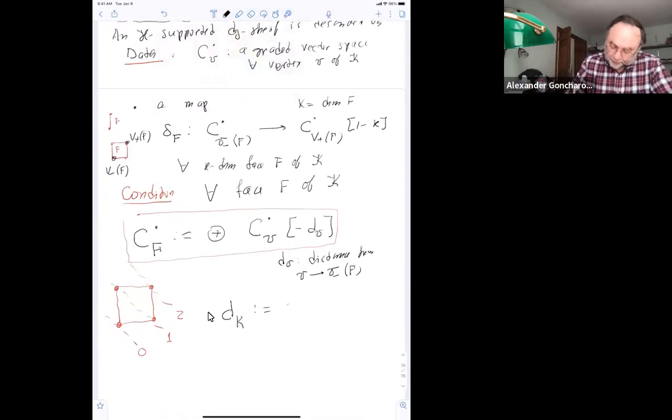It is by definition the signed sum of the maps delta which we had above. So here we had these maps delta_f, and we take the signed sum of these maps delta_f, and so we get a differential. On this picture, this means that we have differentials which go like that, and like that, and like that, and like that.